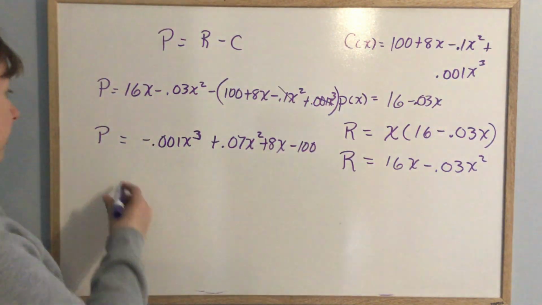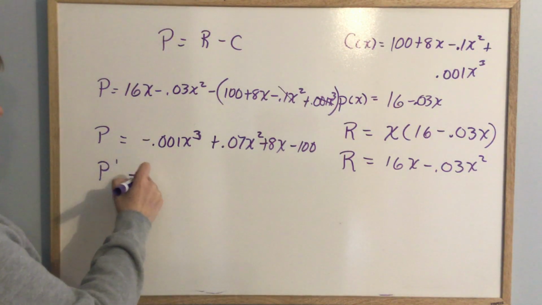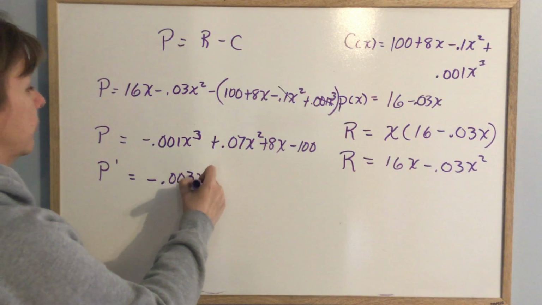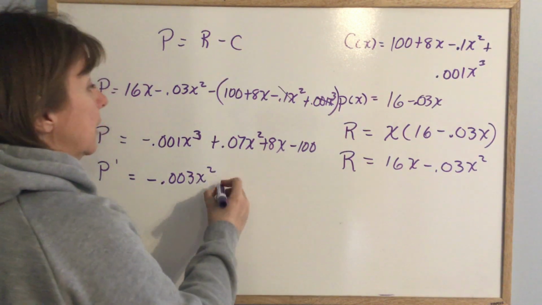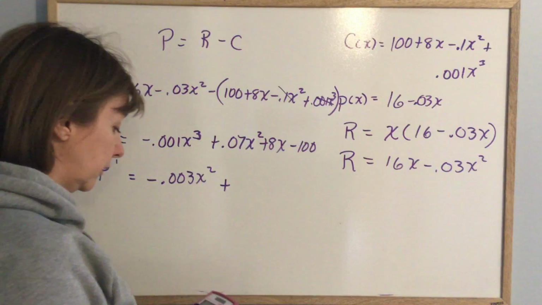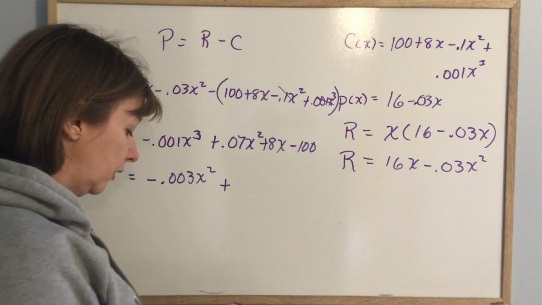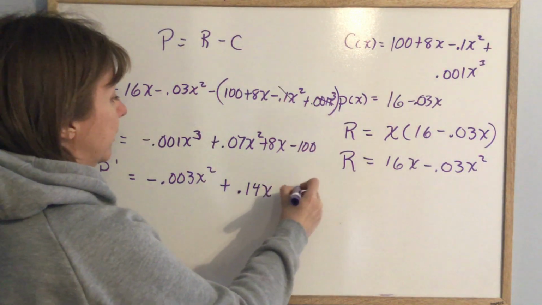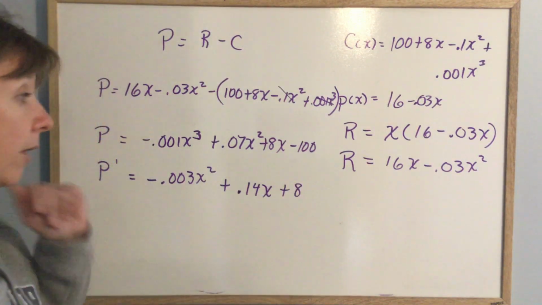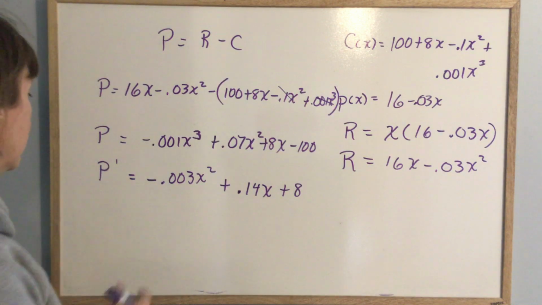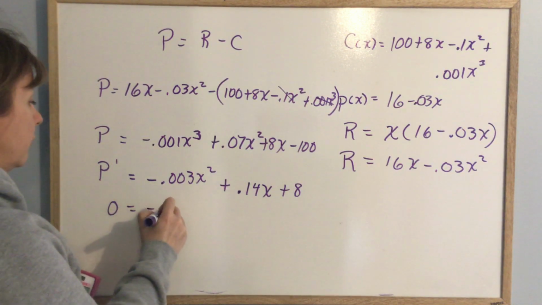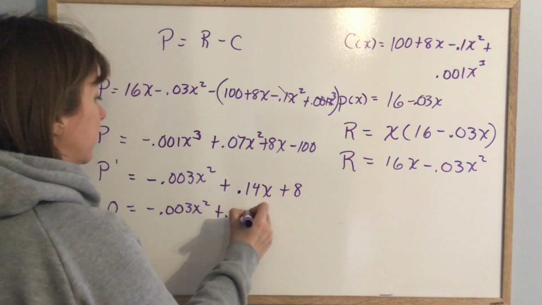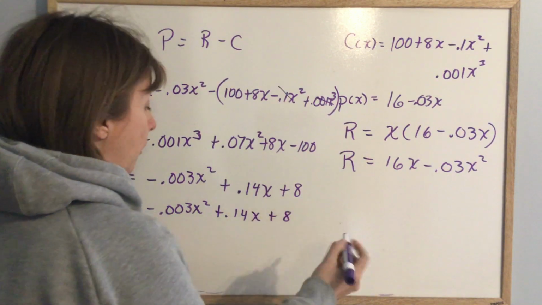Now I want to maximize that. So the derivative. Bring my 3 down, negative 0.003x squared, plus bring the 2 down. Now you'd think I could do that in my head. I think it's 0.14x plus 8. Now we're going to make that equal to 0. So you either have to try and factor that, which for me ain't going to happen, or I have to do the quadratic formula.